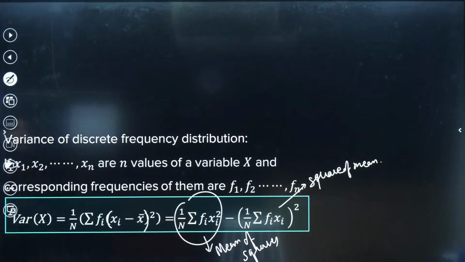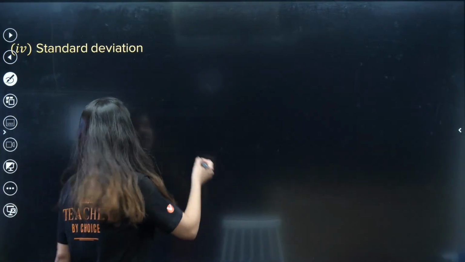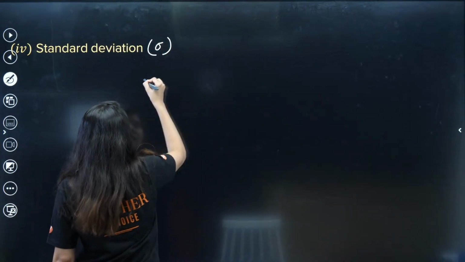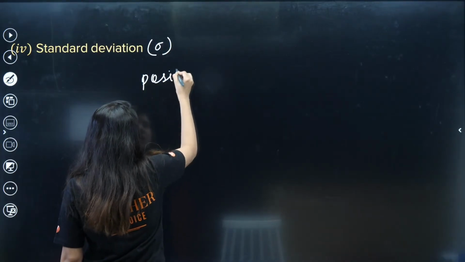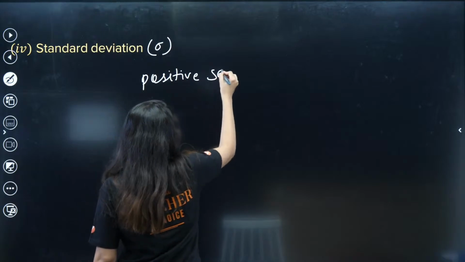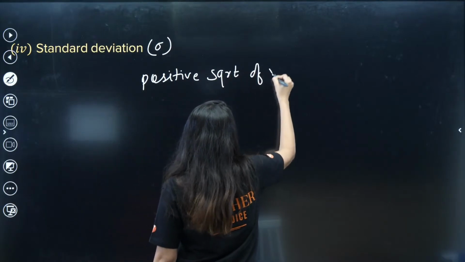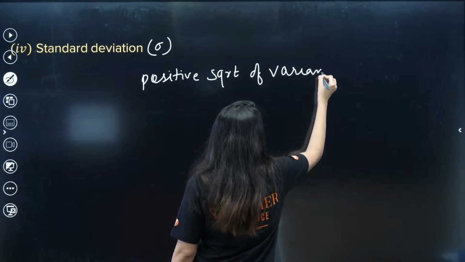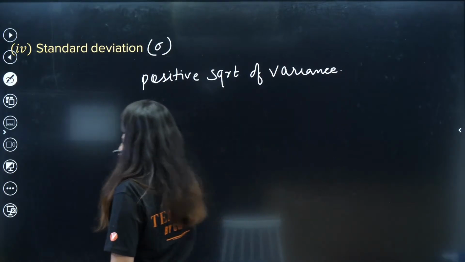Right? So this is variance for discrete frequency. And what about standard deviation? Standard deviation is nothing but sigma, which is the positive square root of variance.